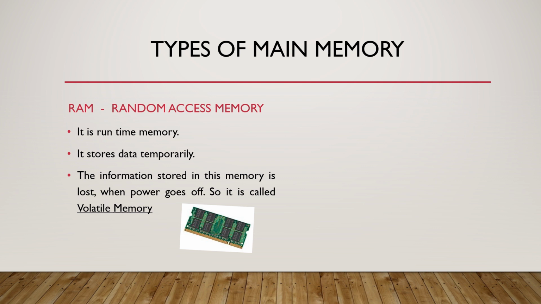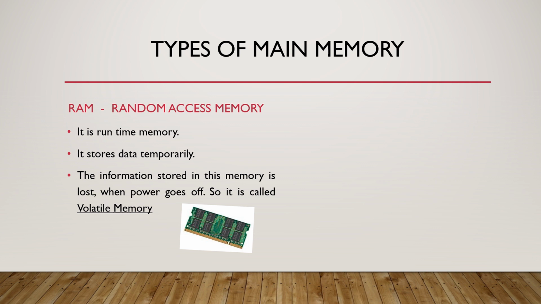It means it cannot store the information for a longer time, it cannot store the information permanently. When you are working, if suddenly the power goes off, whatever work you have done, whatever you typed or whatever drawing you had done, all of that will be lost.